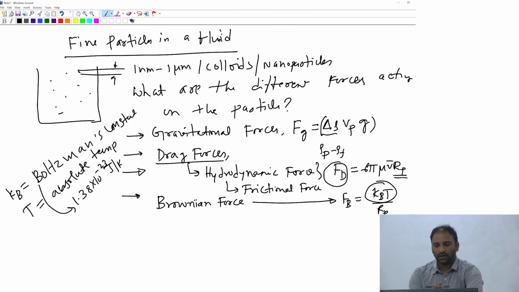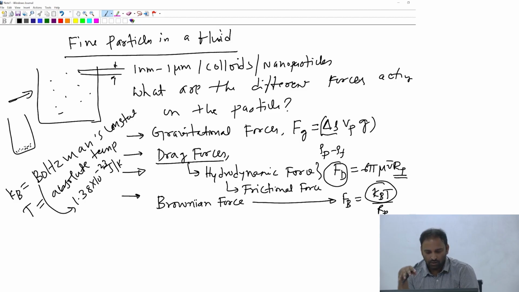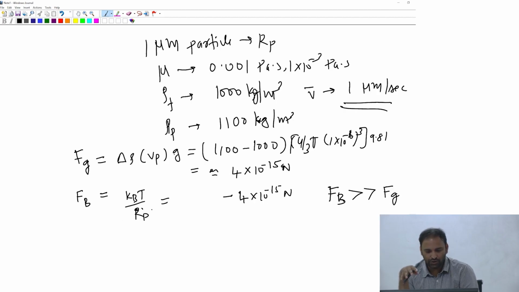Now whether the particles continue to remain in the solution or go back and sit at the bottom depends on the balance between the different forces that are acting on the particle. There is a gravitational force which wants to pull the particles down, and you have Brownian force which wants to keep them in a suspended state.